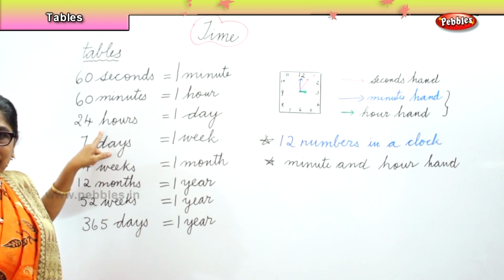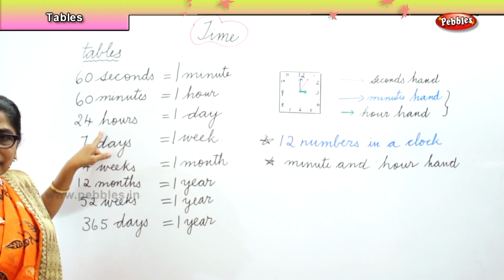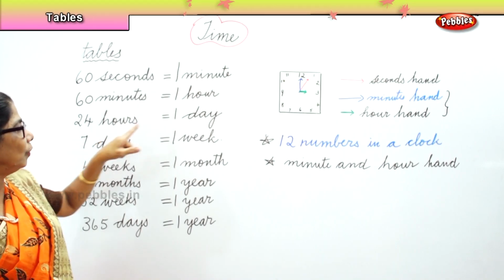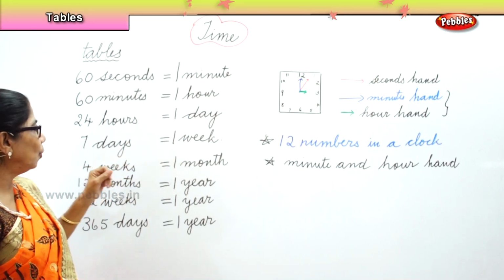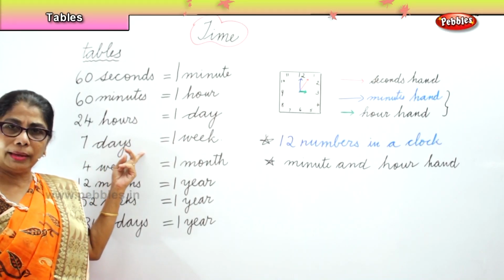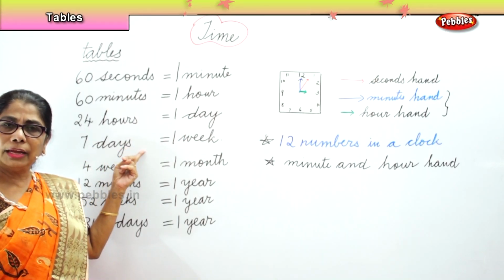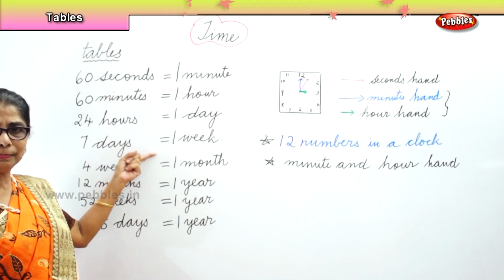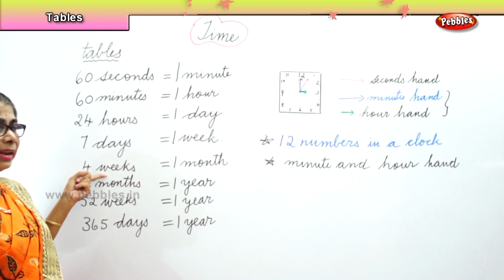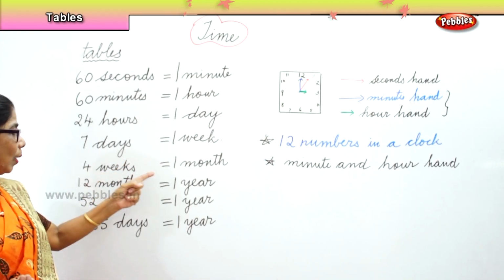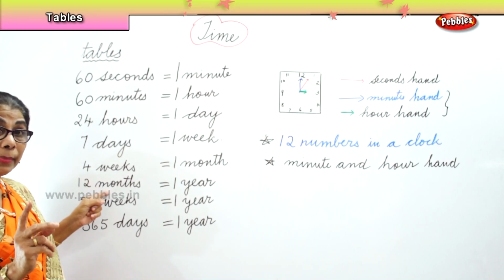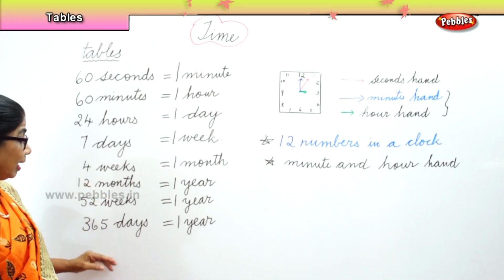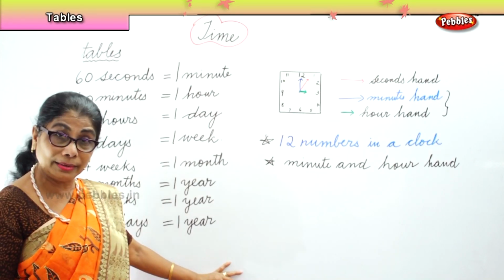The sun rises and sets. When the sun rises again, it has completed 1 day, 24 hours. Now, we begin our days of the week on Sunday to Saturday, that is 7 days of the week. Similarly, there are 4 weeks in 1 month, 12 months in 1 year, 52 weeks in 1 year and 365 days in 1 year.